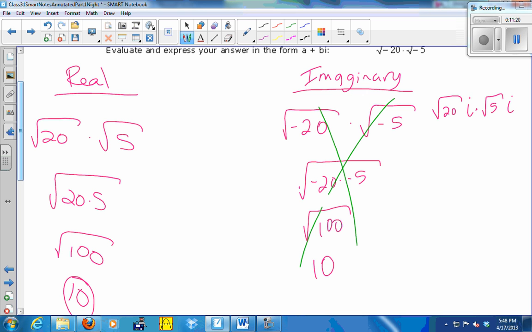And then this becomes square root of 20 times the square root of 5 times i squared. And we know the square root of 20 times the square root of 5 is 10 from what we did over here with the real stuff. And i squared is negative 1. So we get negative 10, which feels better. Different answer than when you're doing just real numbers.